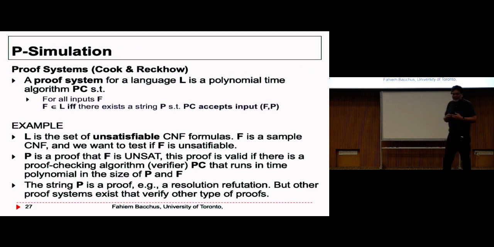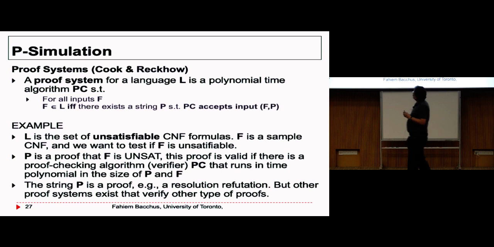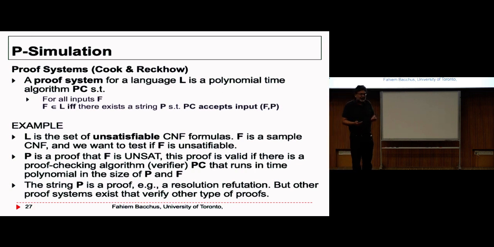Now, there's actually a precise way of understanding that, and that's some work that was done quite a long time ago on proof systems by Cook and Reckhow. They defined this proof-theoretic notion of a proof system as simply an algorithm.